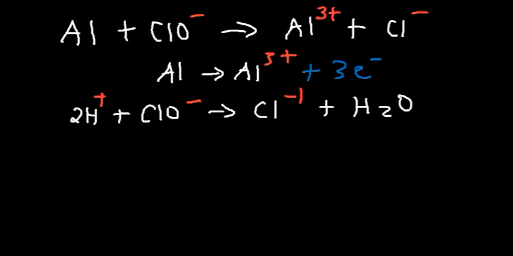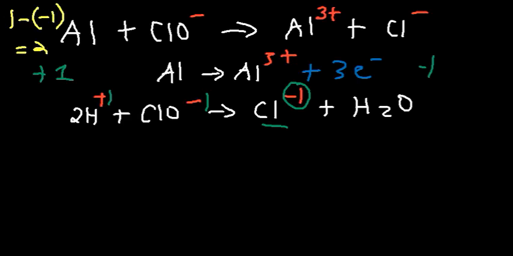The total charge on the left side is 2 times 1, which is 2, plus this -1 charge, so a total charge of +1 on the left side. On the right side, we have a total charge of -1. If we subtract the two numbers, the largest minus the smallest, 1 minus -1 gives us 2. What this means is we have to add 2 electrons to the left side, which is the side with the higher charge.